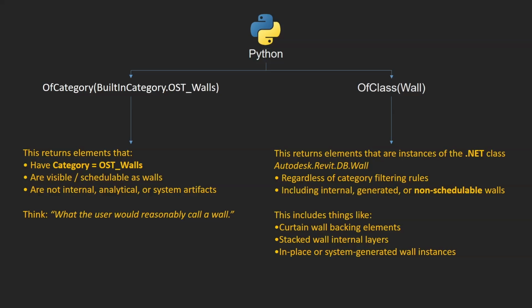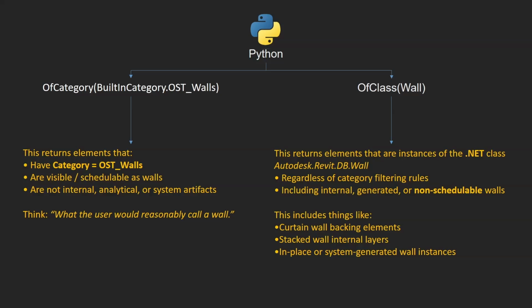OfClass, meanwhile, returns elements that are instances of the .NET class Autodesk.Revit.DB.Wall, regardless of category filtering rules, including internal, generated, or non-schedulable walls.